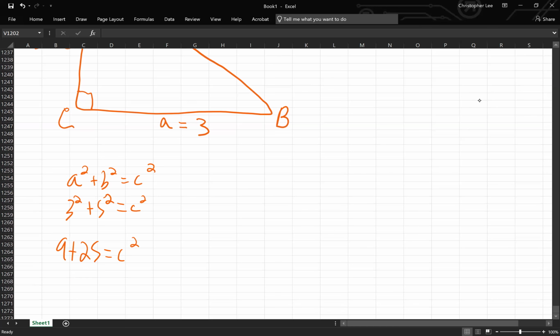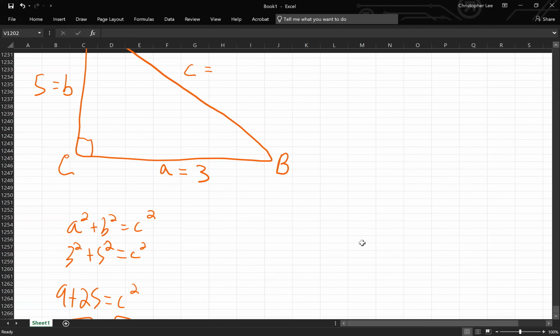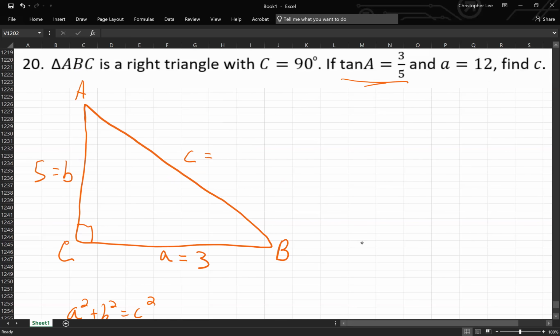Now what's that? 34 equals C squared. Then you just square root both sides. All right, so C is equal to square root 34. And just come back up. All right, square root 34.